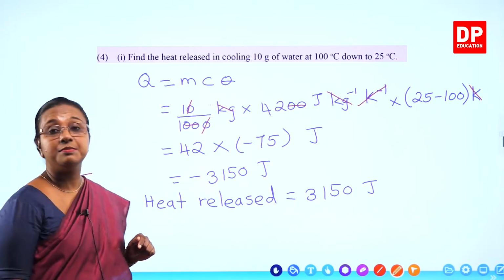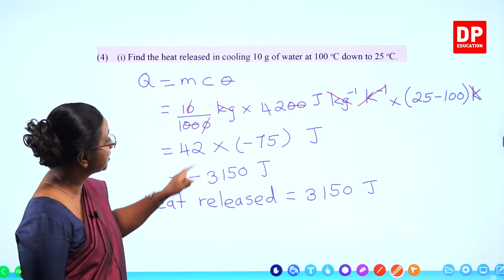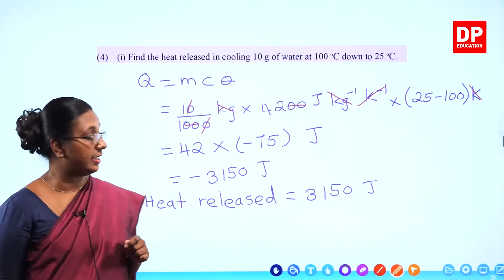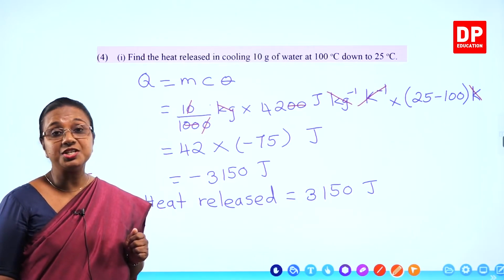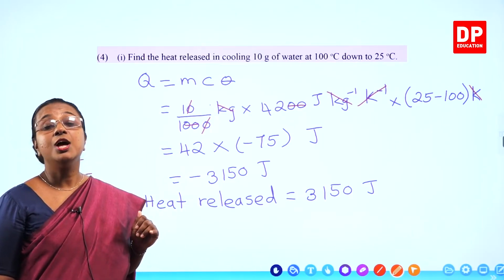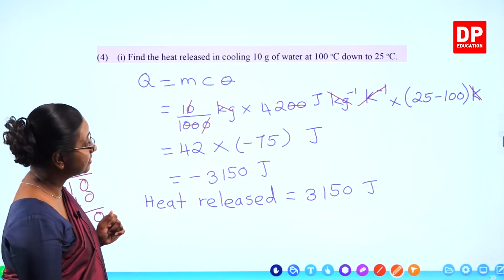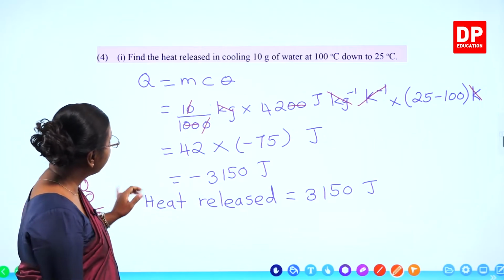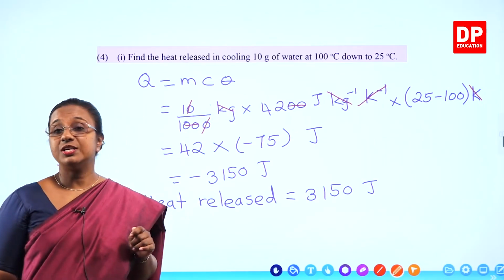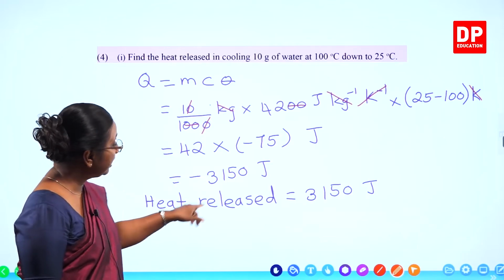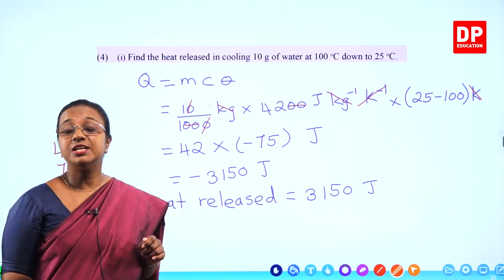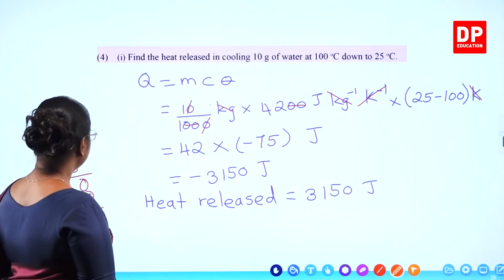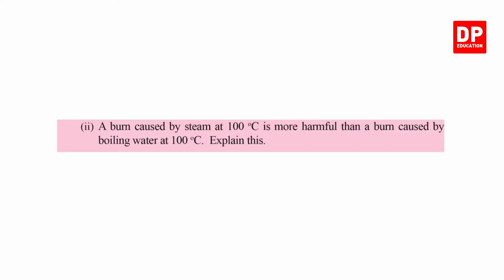So 10 divided by 1000 kilograms. 4200 joule per kilogram per Kelvin is the specific heat capacity, and the temperature change final minus initial, 25 degrees Celsius minus 100 degrees Celsius. So 42 into 75, you get the answer as minus 3150 joules. So heat released is equal to 3150 joules. That is the answer. We will move on to the next question.